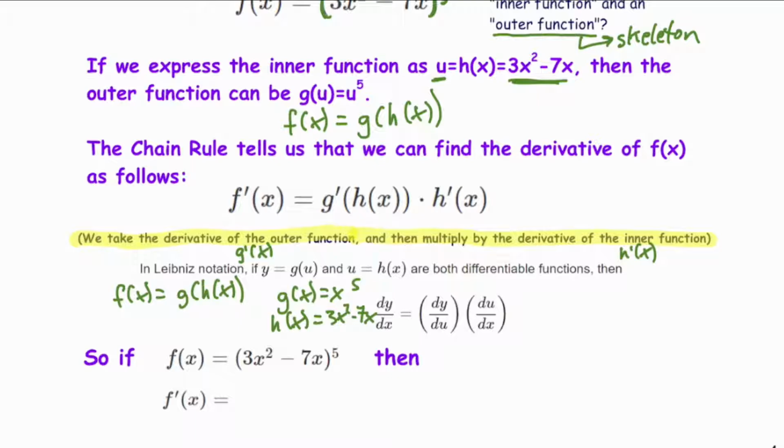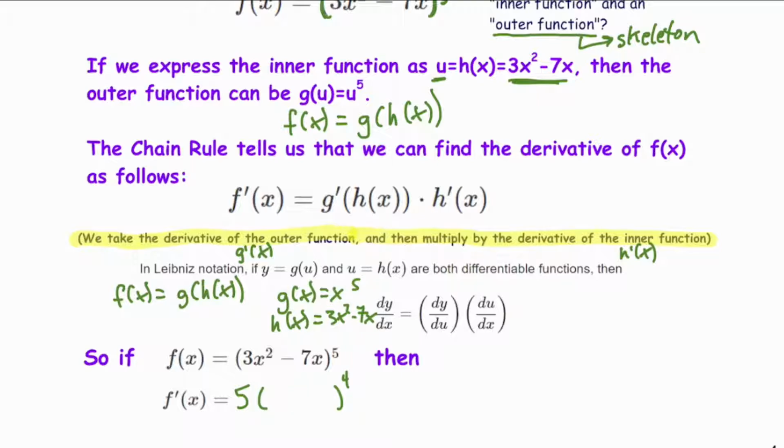So this is going to equal the derivative of g of x. So the derivative of x to the power of 5 is 5x to the power of 4. But instead of x, I'm going to have my h of x. But the input for this function is not x. It's my h of x function.